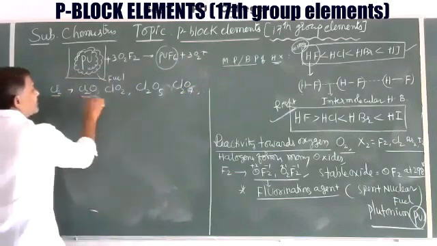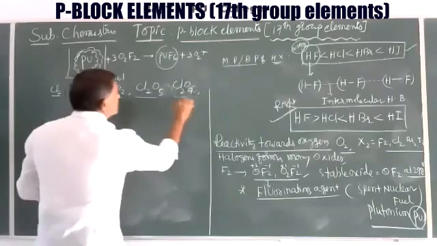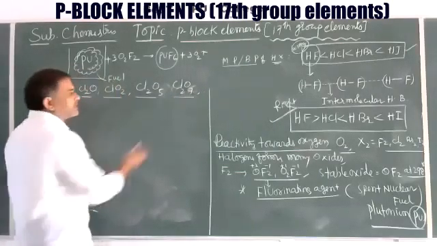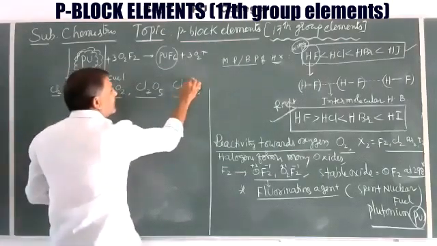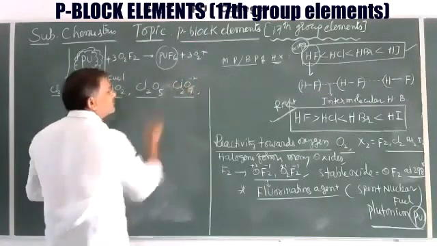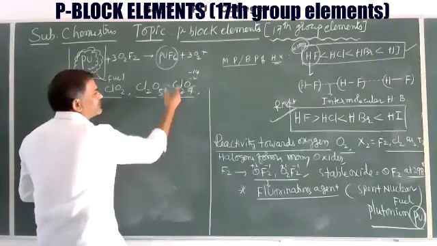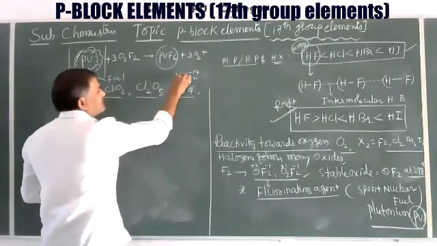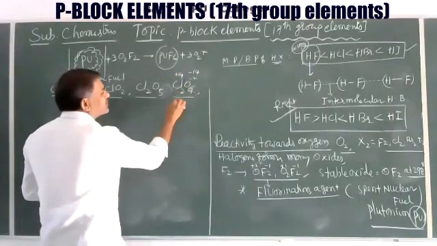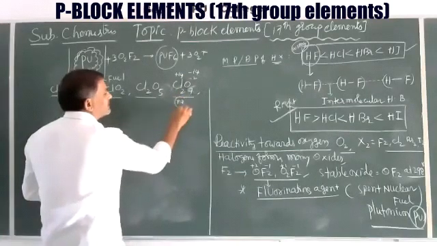These are some important oxides. In this case, oxygen is -2 into 7, which is minus 14, so compulsorily chlorine is plus 14. That means one chlorine atom shows a plus 7 oxidation state.